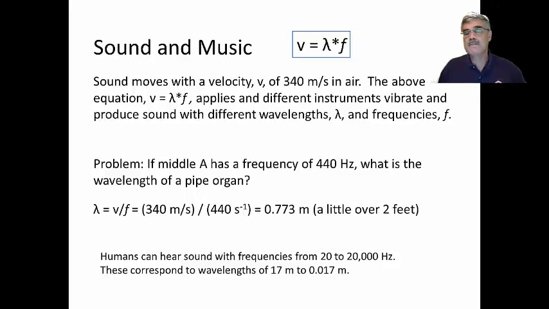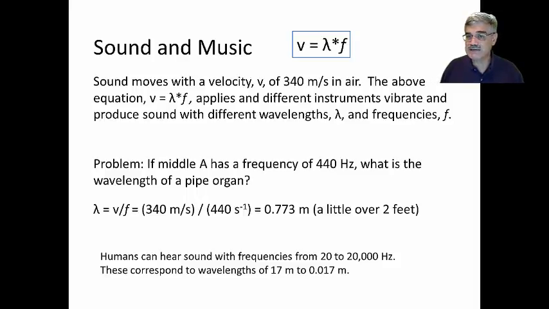So the 20 hertz corresponds to 17 meters. 17 meters is nearly 2 first downs in football. So humans can respond to sound waves as long as almost 2 first downs in football, 17 meters, and as short as 0.017 meters, which is 1.7 centimeters, which corresponds to a frequency of 20,000 hertz.